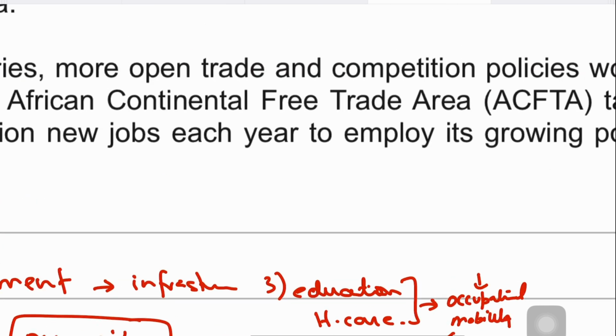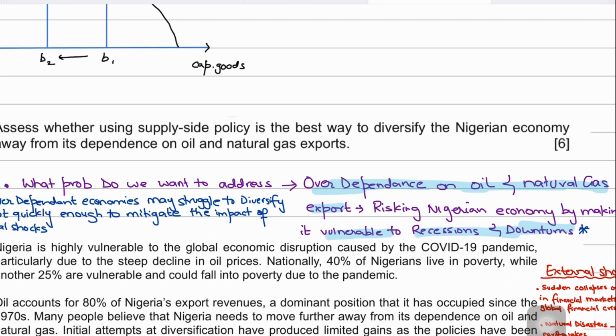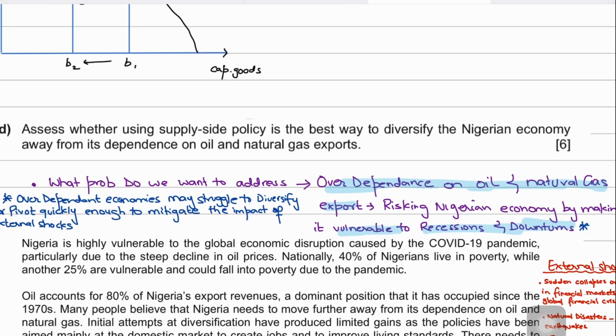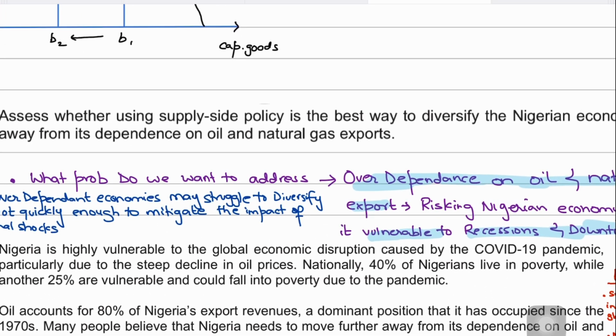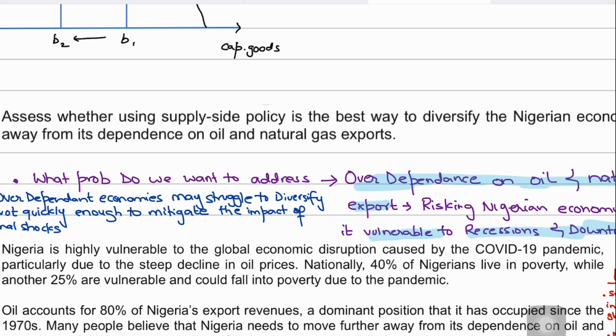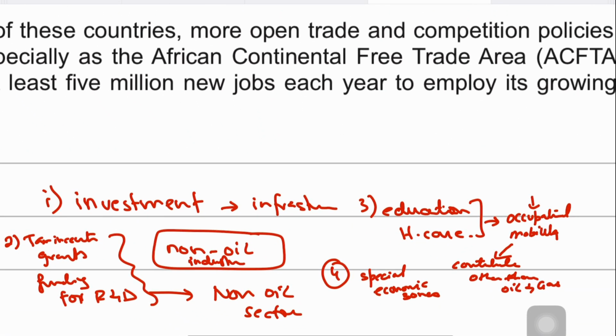Now guys, obviously the question requires evaluation when it says assess whether using supply side policies is the best way. So when you're talking about how supply side policies could result in diversification, reducing dependence on oil and natural gas, you also need to tell the limitations of supply side policies, because limitations of policies always reduce the effectiveness of policies, depending upon how big and significant that limitation is.